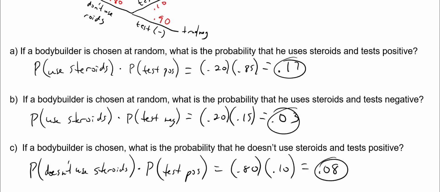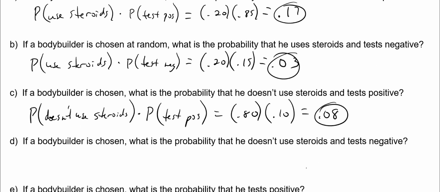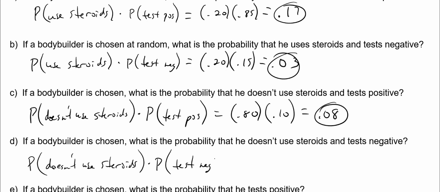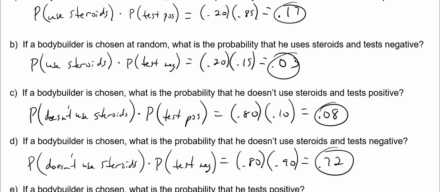So let me write this out: probability of, again, doesn't use steroids and it tests negative. That's going to be 0.80, again a high number, and then it's coming back and saying, yeah, you're right, so that's a high number, 0.9. So that gives us 0.72. That's the highest number.